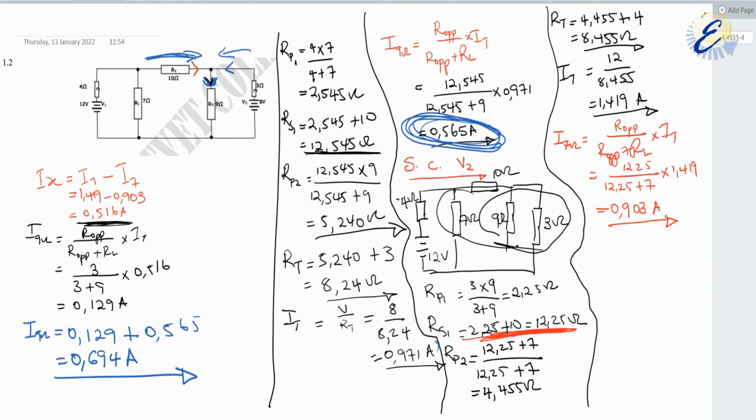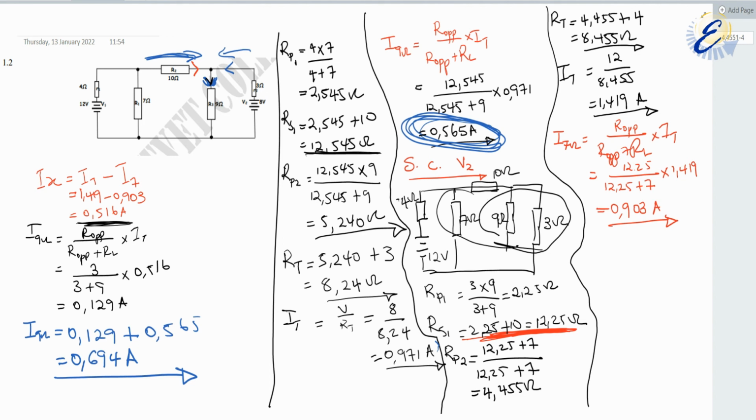First things first, you short circuit V1. When you short circuit V1, it means that V2 will be supplying, and when V2 is supplying, you calculate the total resistance showing all intermediary steps. After calculating the total resistance, you calculate the total current present in that circuit, and then you use a current divider rule to calculate the current flowing through the 9 ohm resistor.